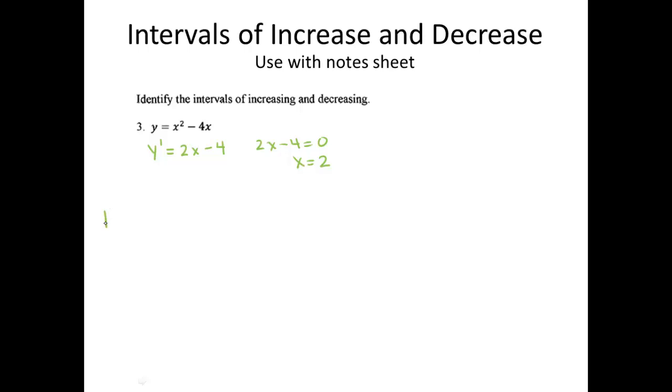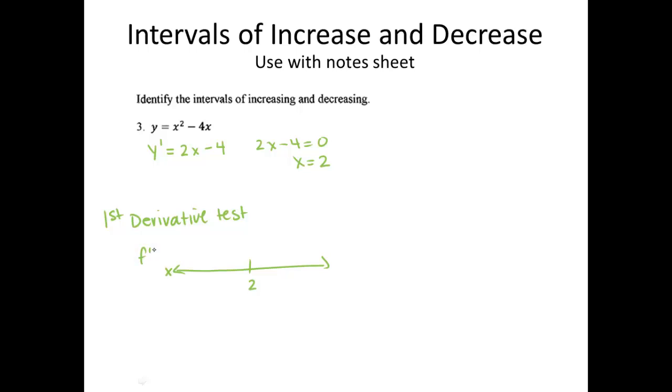To do this, we're going to be using something called the first derivative test. My first derivative test says, let's take a look on a number line, that there are numbers on the left side of 2 and numbers on the right side of 2. And these are x values.